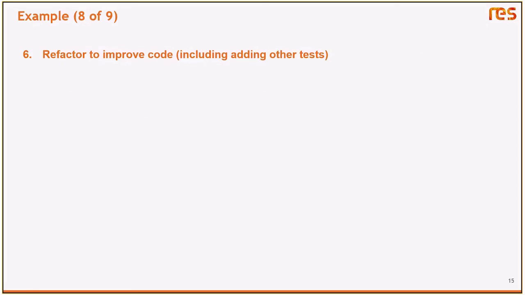So our final step in the process is to start refactoring the code to make it cleaner. And there are some general guidelines for this refactoring. Your time is important, and you don't want to be refactoring code unless you really need to.